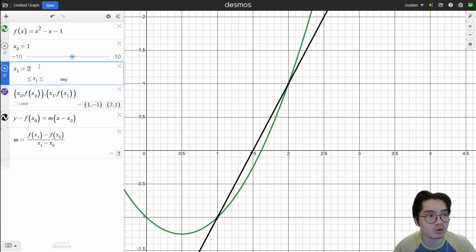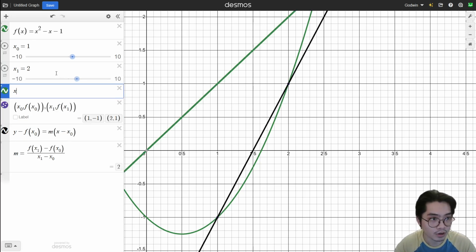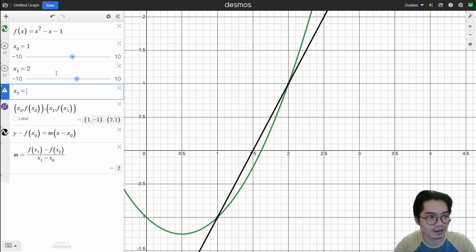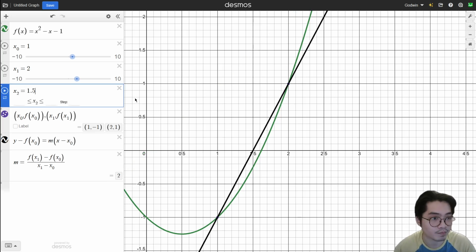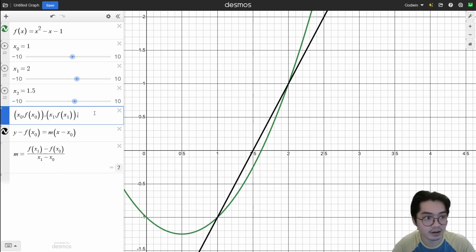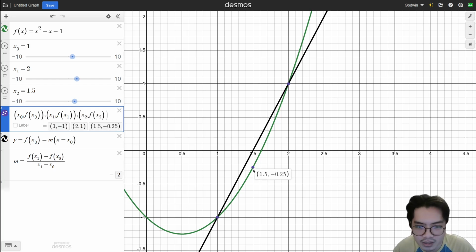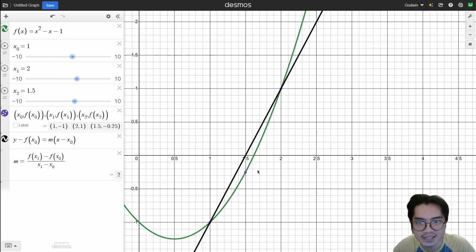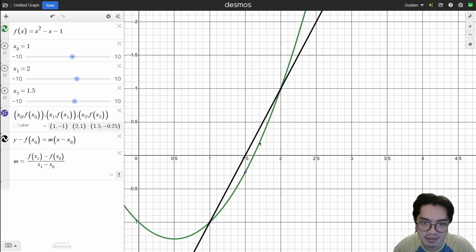What you're going to do now is your x2 will be 1.5. And now we will add this here, x2, f x2. And notice that now what you're going to have to create is a line between this and this, right?